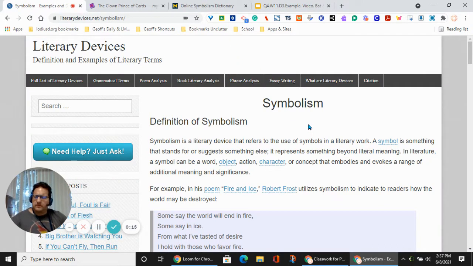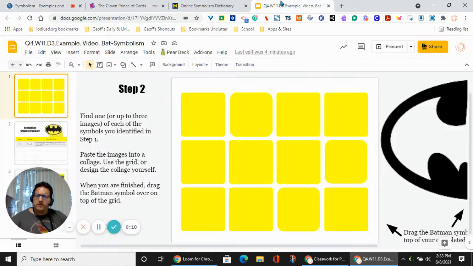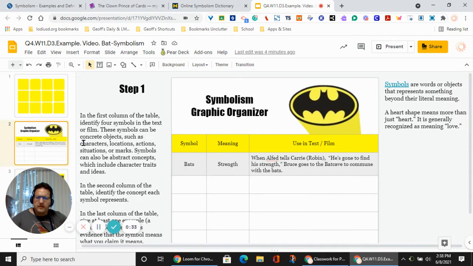Well, in short, a symbol is anything, and this can be something concrete or it can be something intangible, that stands for more than its literal meaning. So this can include many things, but the example I include here is a heart shape.